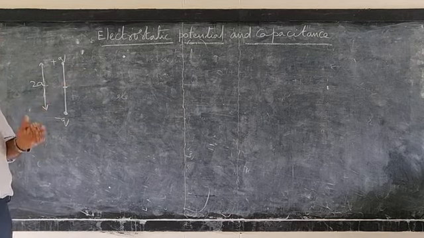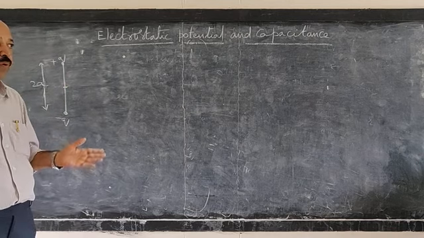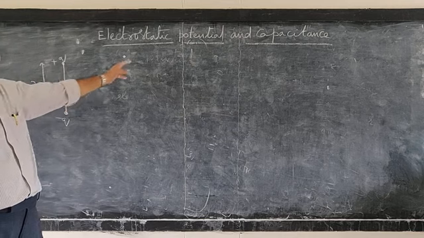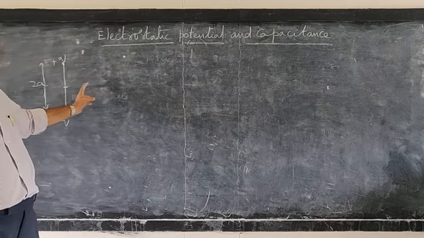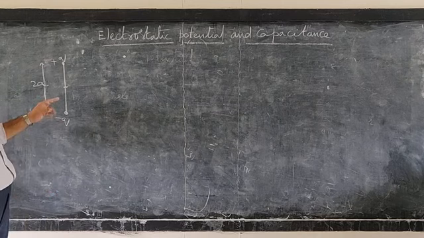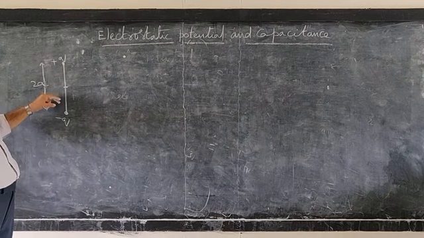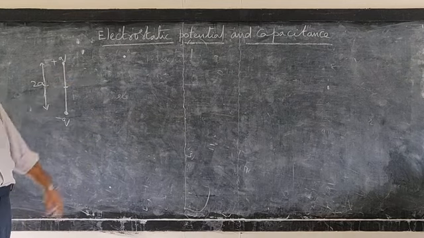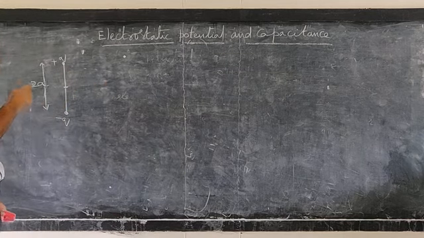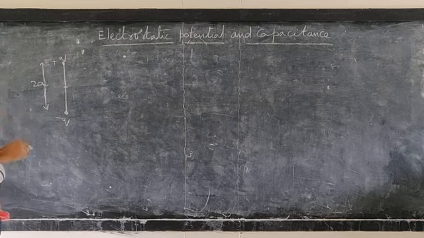So in the case of a dipole, the electric field strength depends not only on the distance of the point from the center, but also on the angle between the dipole axis and the position vector. Similarly, here also we are going to show that it depends on the direction of the point.